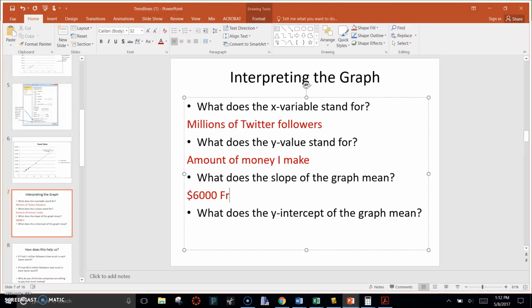Well, it means for every 1 million followers, I get an extra $6,000. And then the y-intercept, that was our negative 2,000 that we had.